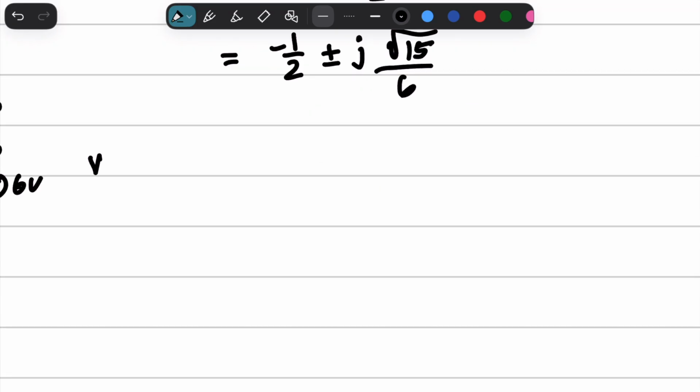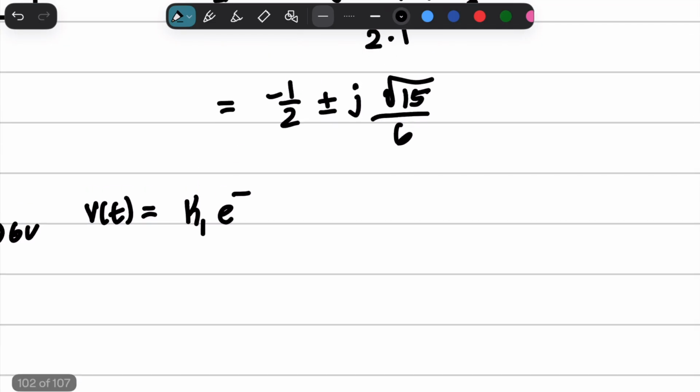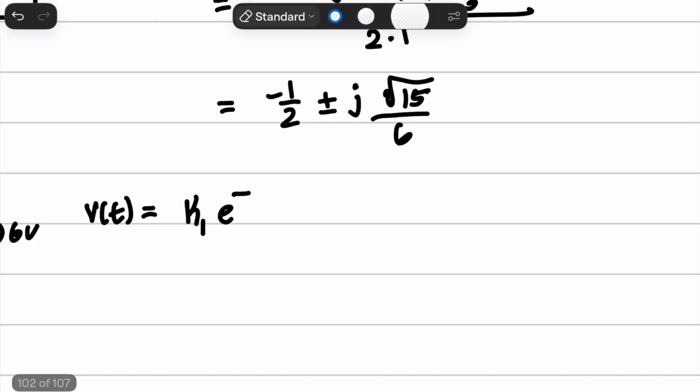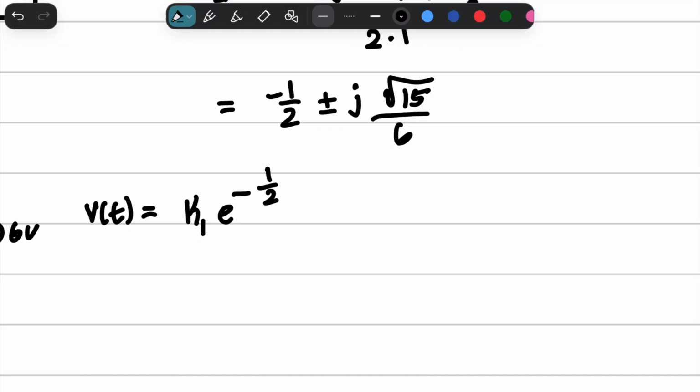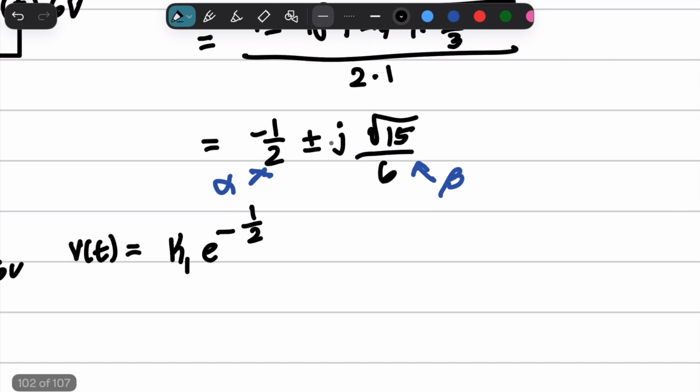So now we know that our solution is going to take the form of k1 e to the negative alpha t, which we found that alpha is going to be 1/2. So this is alpha, and this is beta. And notice that this j is just denoting that beta is different from alpha.